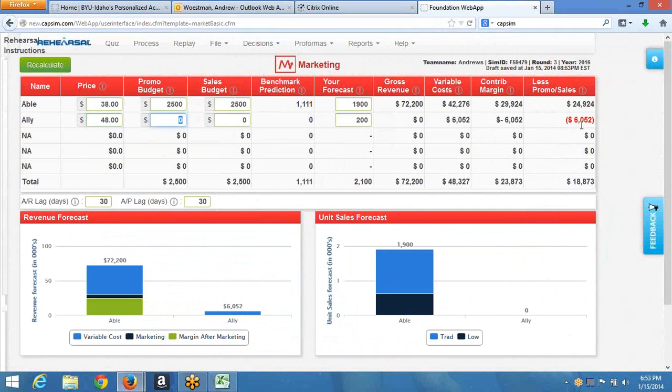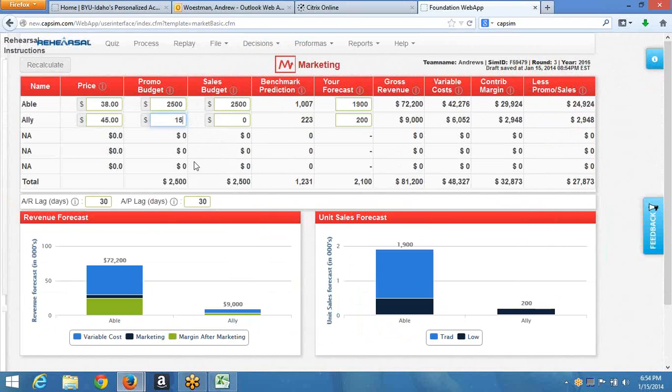She doesn't have a lot of money. If you look, she's not making me any money. Oh, that should be 45. So I recalculate. Now look, she's not making me that much money. She's only going to make me $2,948. So I don't have that much money, but I can steal some money from Able as well, so it's okay if I don't make too much.